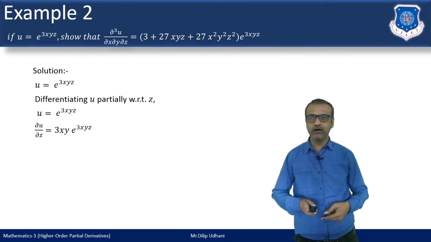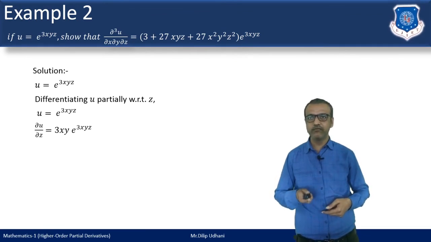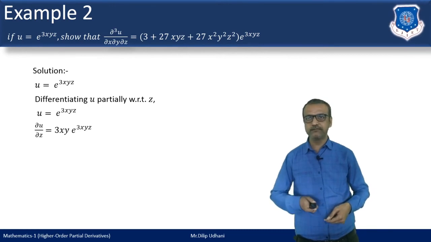So the derivative of e raised to 3xyz is e raised to 3xyz, but in place of x we have 3xyz. So again we will differentiate 3xyz partially with respect to z. 3xy is constant and the derivative of z is 1. So del u by del z equals 3xy into e raised to 3xyz.